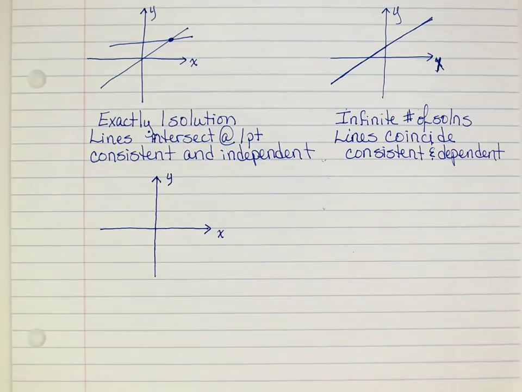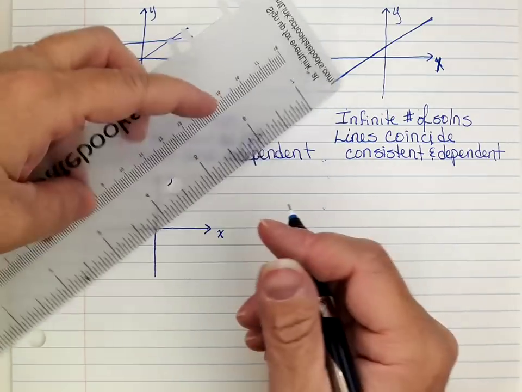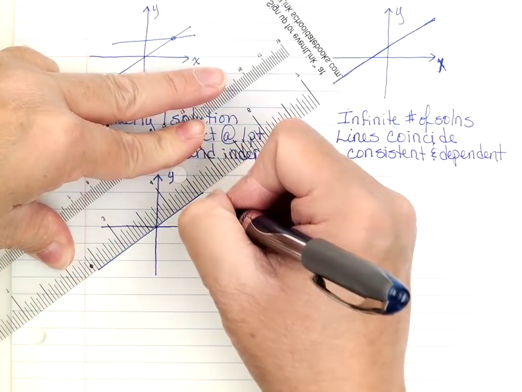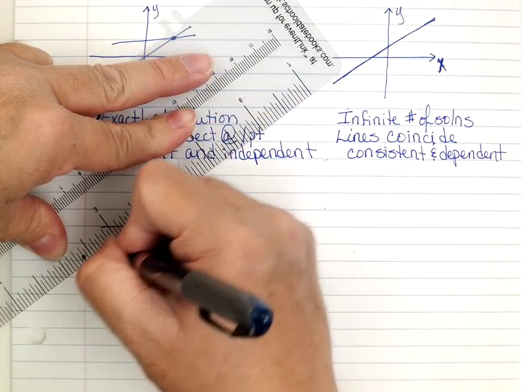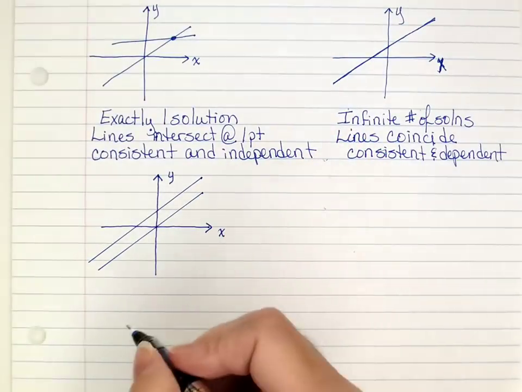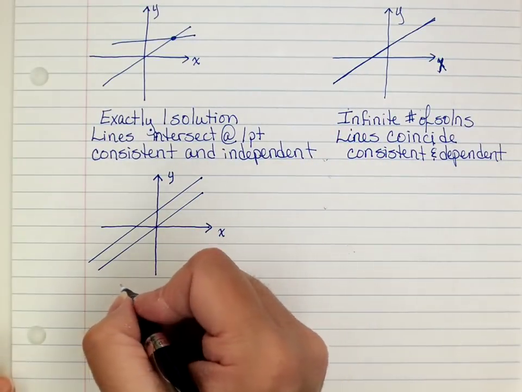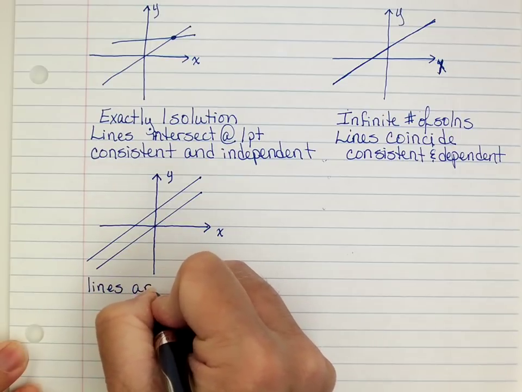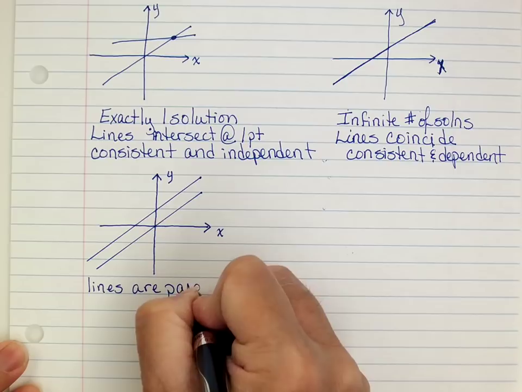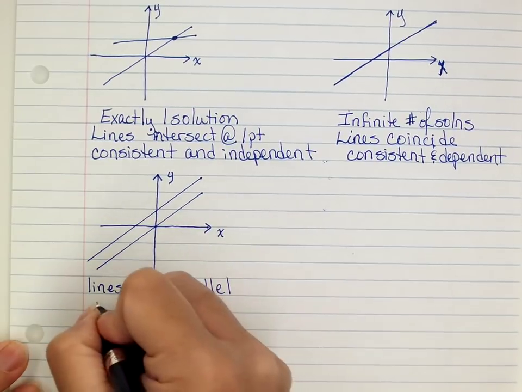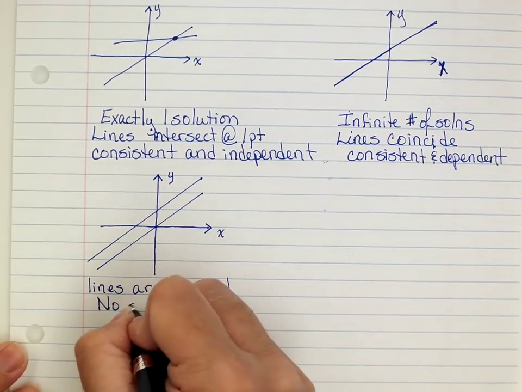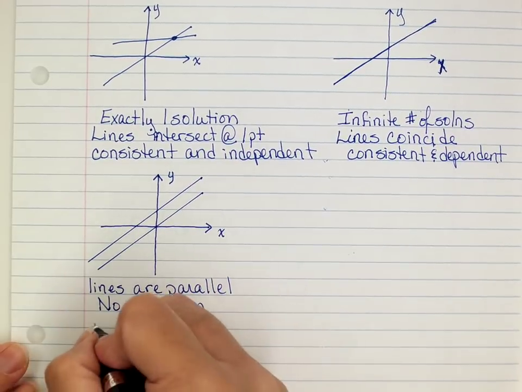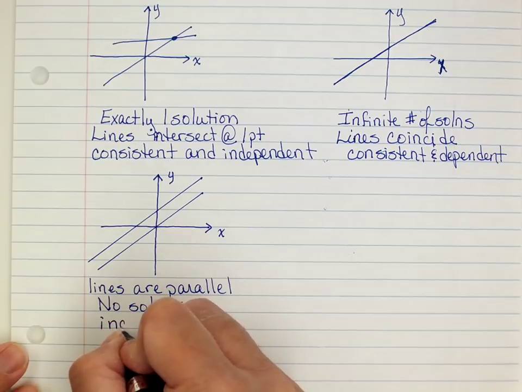So in this system, if I have a system of lines, if these are parallel lines, so we say the lines are parallel, there is no solution. We say this system is inconsistent.